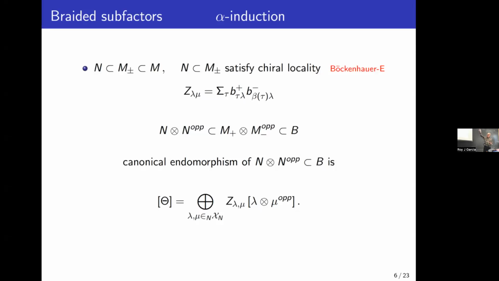Now, on the big algebra M, you also have nets of algebras, but in general, you don't have locality. So what we did, parallel to Morita side, we can find intermediate subfactors which do satisfy locality. And that's what we really need to get the modular invariant.